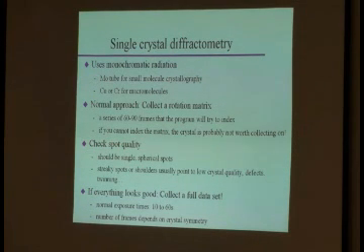The system will then try to index that rotation matrix. That means it will see, can I actually fit all of these spots into a simple unit cell? If it succeeds, then you have some idea of what your crystal system is, what your unit cell size is. You can check whether that is a known compound, okay? Let's assume you do a reaction.